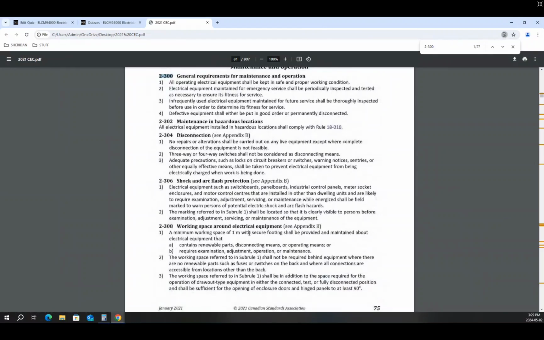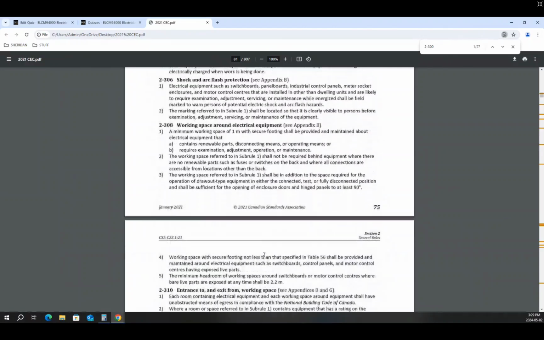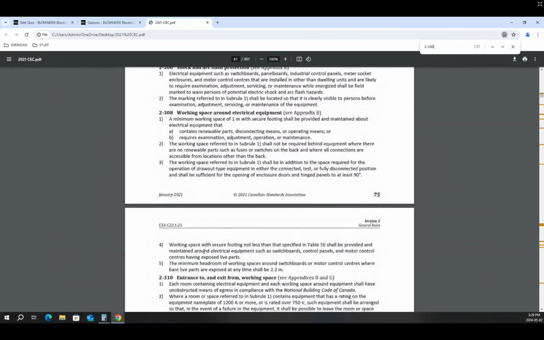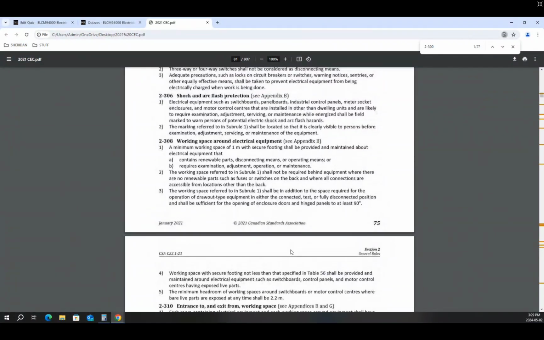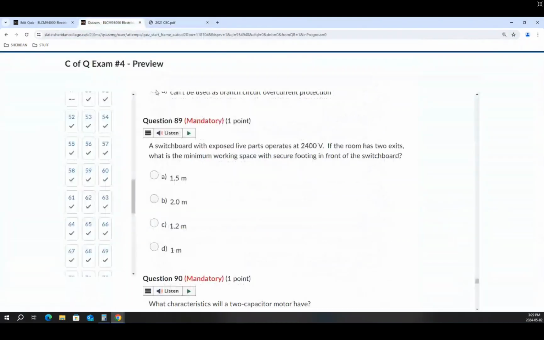Working space. Looks like we're going to table 56 again.